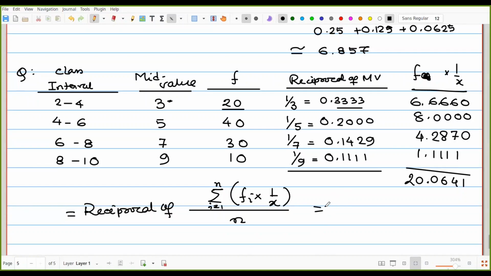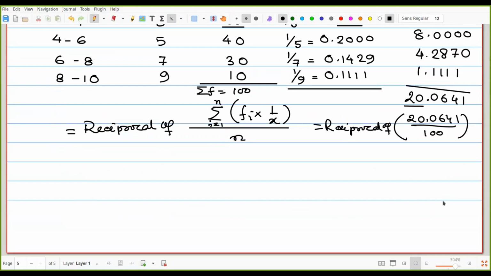We already have the summation, 20.0641, upon the total f, the summation of f: 20 plus 40 is 60, plus 30 is 90, plus 10 is 100.